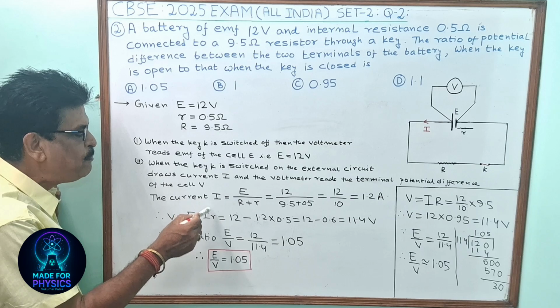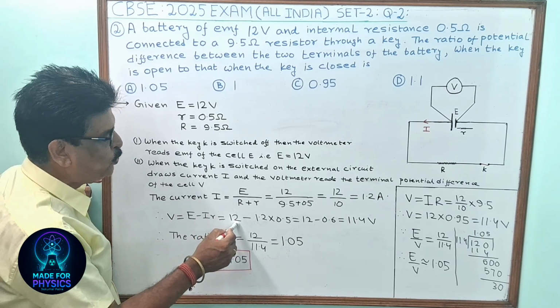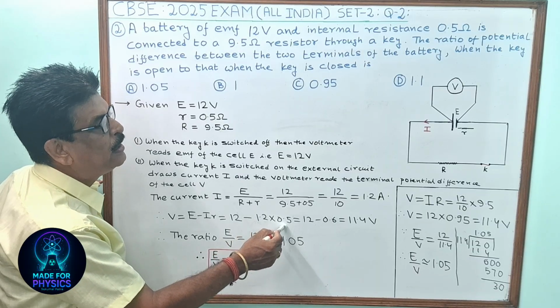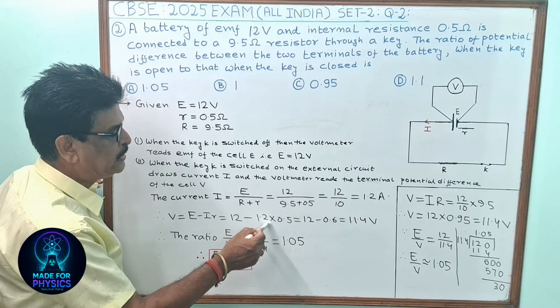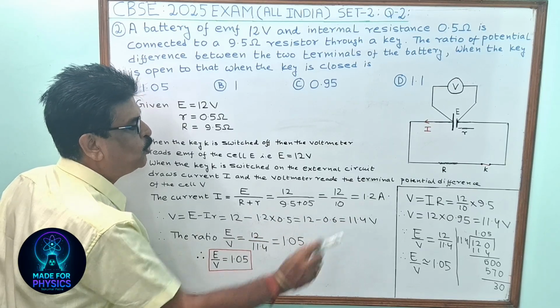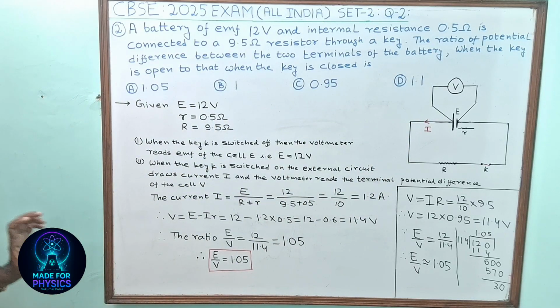That is EMF minus the potential drop due to the internal resistance, that is 12 minus the current times the internal resistance of the cell. So this becomes 12 minus 0.6, and that is 11.4 volt. So now the voltmeter will read 11.4 volt.